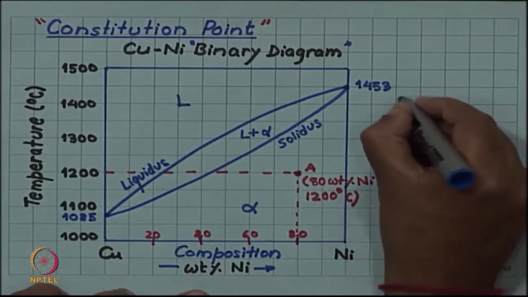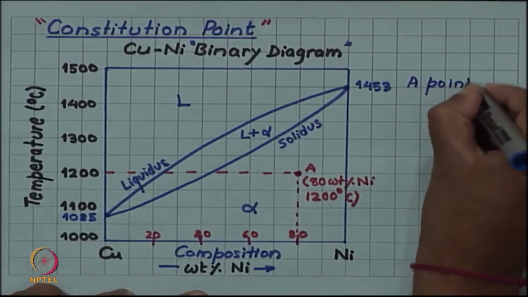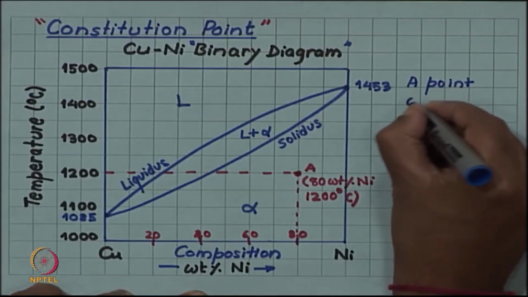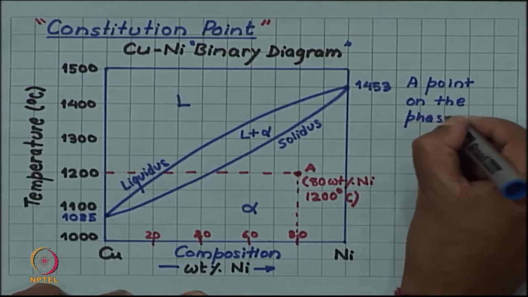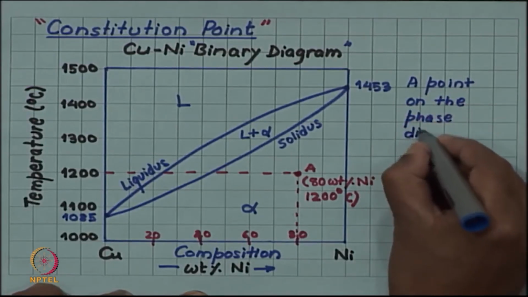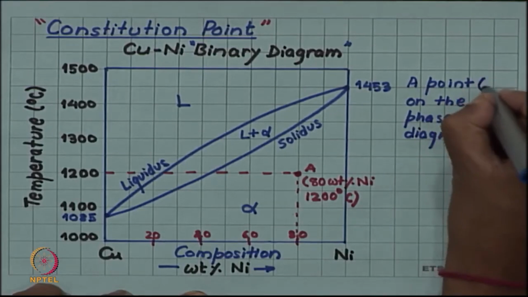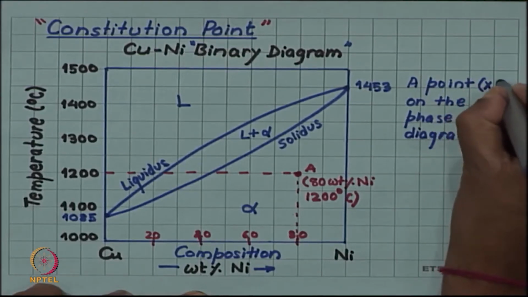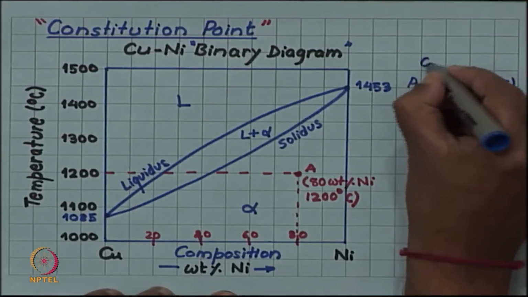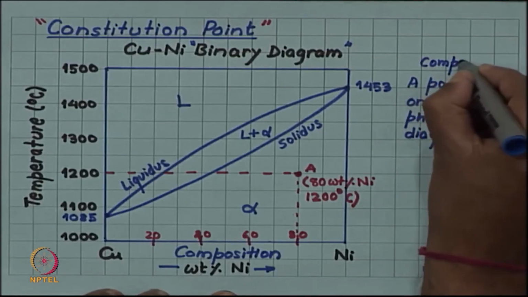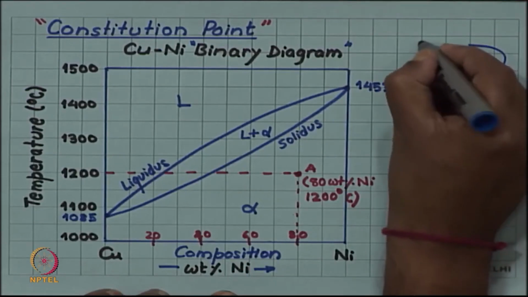So, a point on the phase diagram, let us say a point x, T, where X is the composition and T is the temperature.